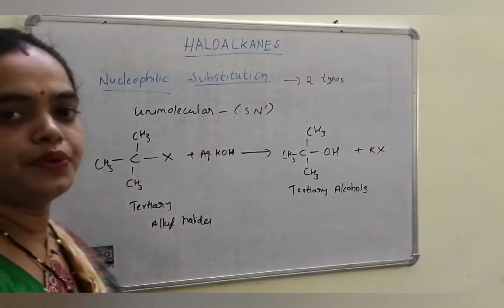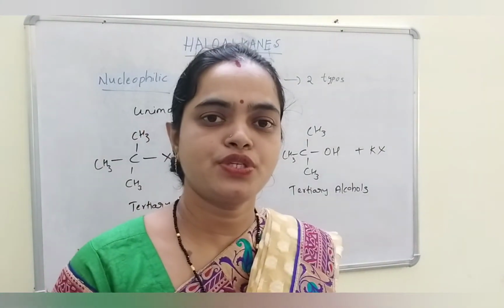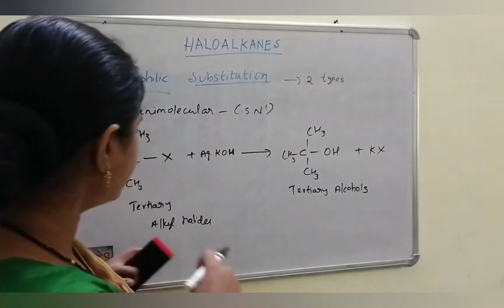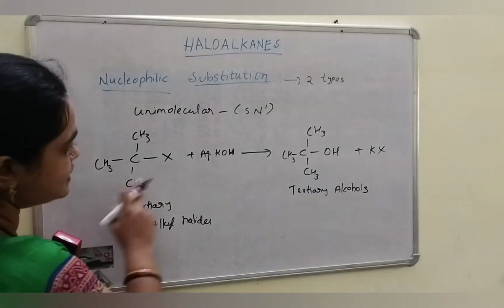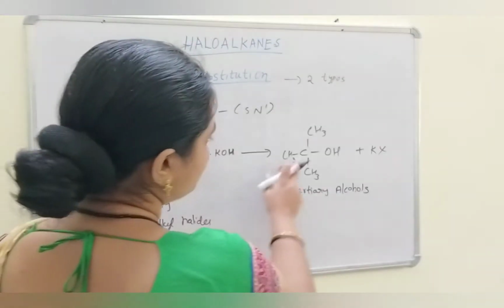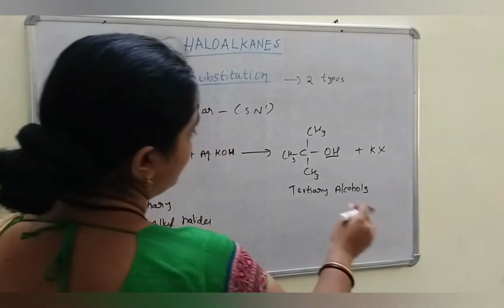So, in unimolecular nucleophilic substitution reactions, when three methyl groups are present on the carbon, tertiary alkyl halides treated with aqueous KOH form tertiary alcohols.